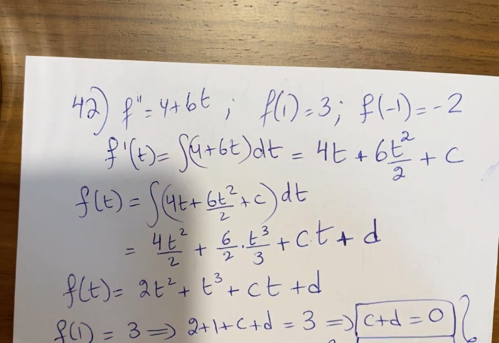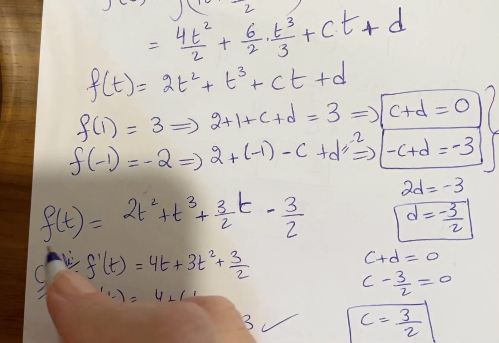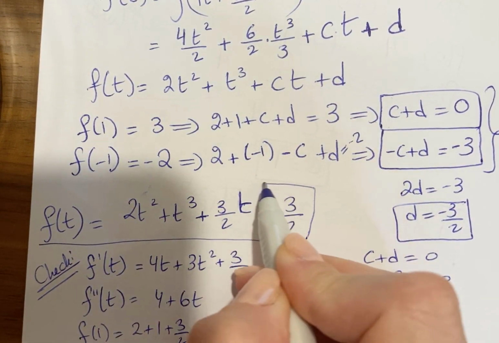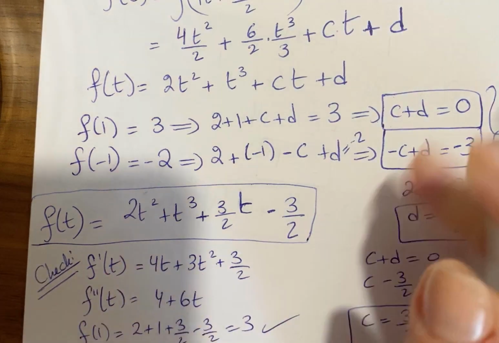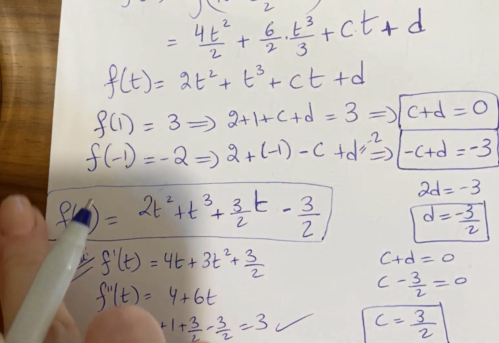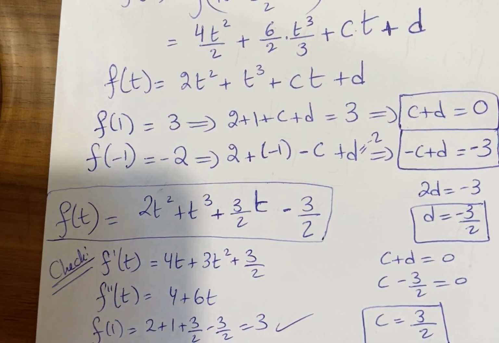We went backwards in a proper way to find the function that satisfies the conditions above. This is the f of t satisfying the conditions that we started with. All right, this is another kind of question which takes us back from f prime or f double prime into the original function that we started with.